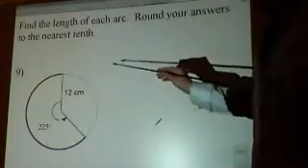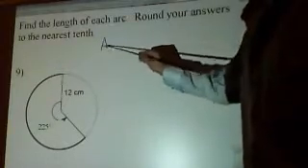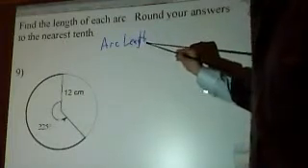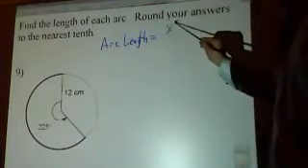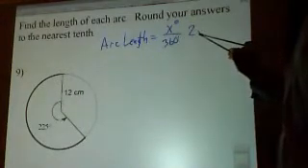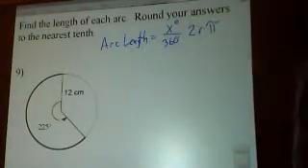Like I said, our formula is arc length equals x degrees over 360 times 2r pi.